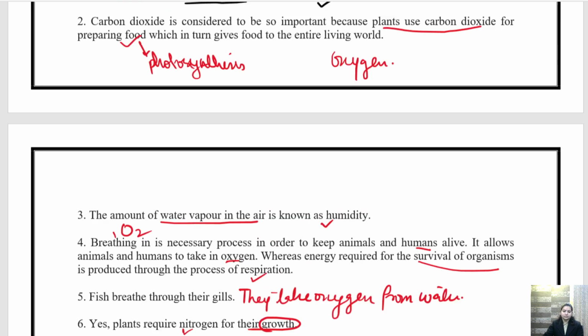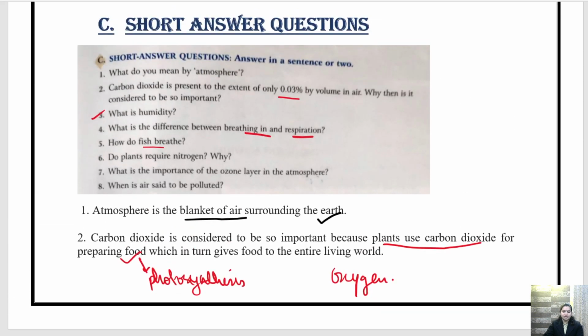Now question number 7. What is the importance of the ozone layer in the atmosphere? So why is the ozone layer important, children? We know that the sun gives all types of rays, isn't it?